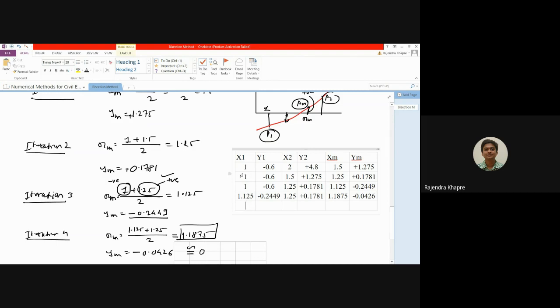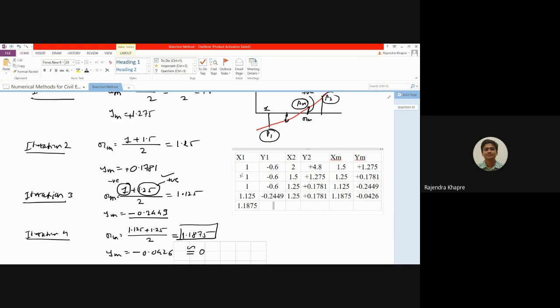1.1875. Yes, exactly, 1.1875, so that its corresponding y value is negative 0.0426, whereas this value will remain the same because its corresponding y value is positive. Now can anybody tell me what will be the xm, that is the average of 1.1875 and 1.25?